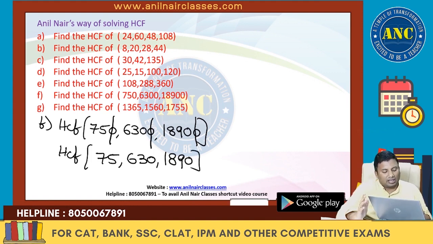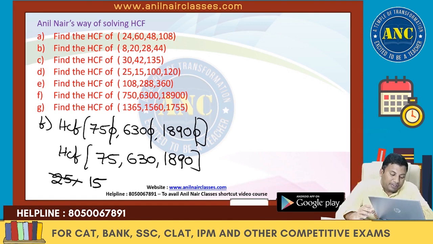What are the factors of 75? 25 is one factor of 75. 25 3s are 75. 25 2s are 50, 25 30s are 750, not possible. Next is 15. 15 5s are 75. 15 42s are 630. 15 126s are 1890.